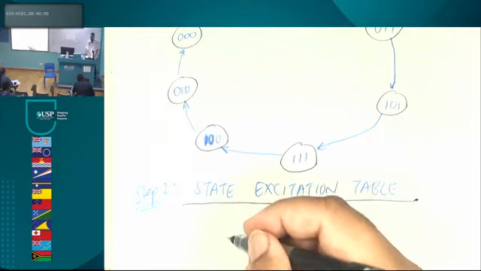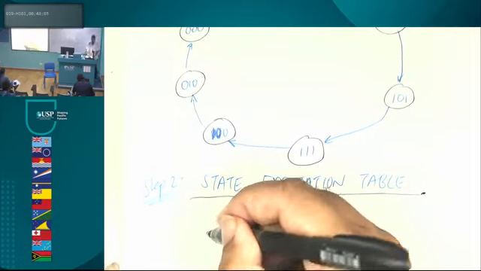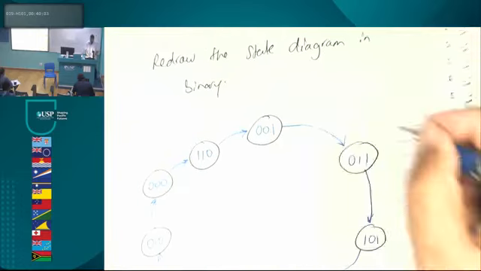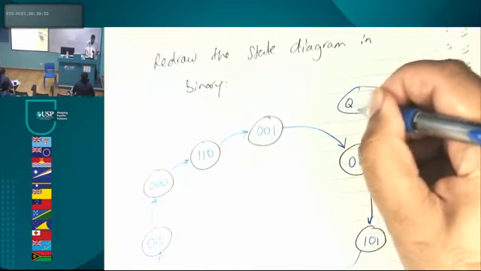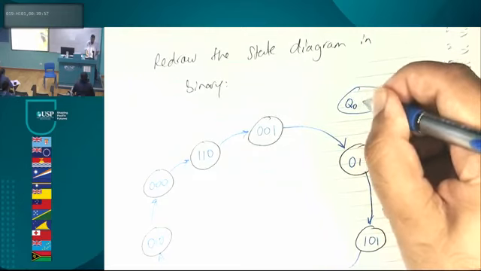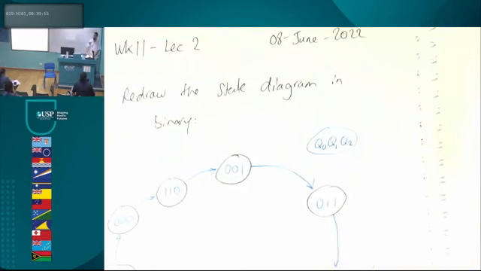There's no system input, so let's call these Q0, Q1, Q2. You can name it anything. You don't have to use Q2, Q1, Q0. I've given it a naming convention, so long as I'm consistent.